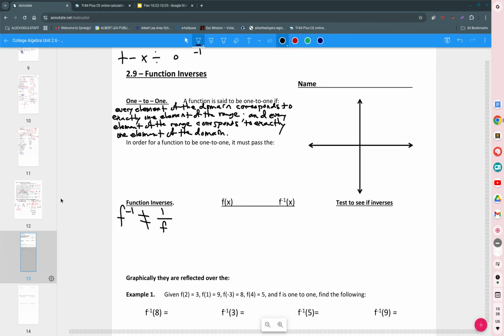So it's the definition written twice, just domain to range, flipped, range to domain. Okay? So we'll do a graphical example.